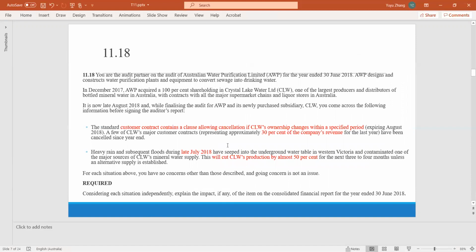Okay, so in the first situation, the standard customer contract contains a clause allowing cancellation if the ownership changes within a specified period, and now 30% of the revenues has been impacted because a few customer contracts have been canceled since year end.